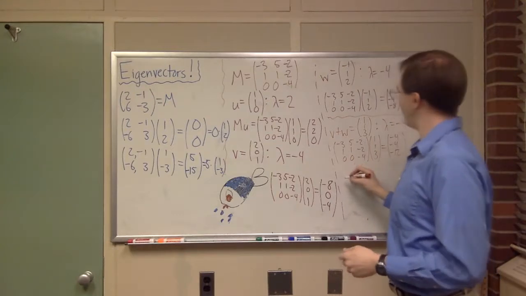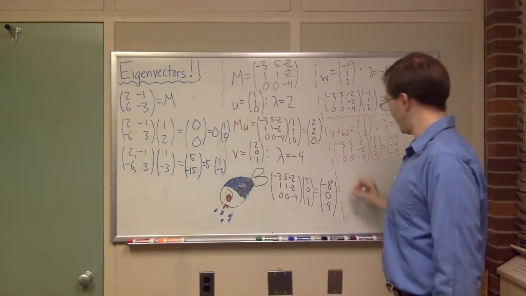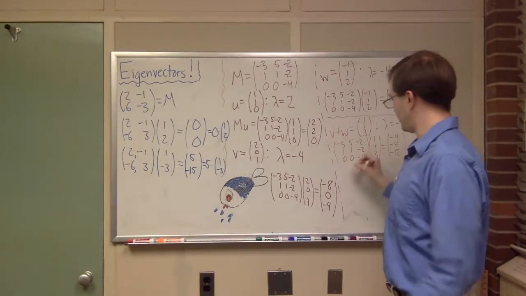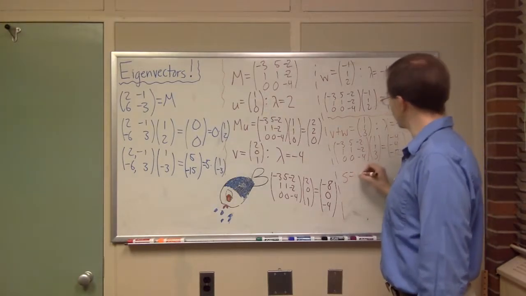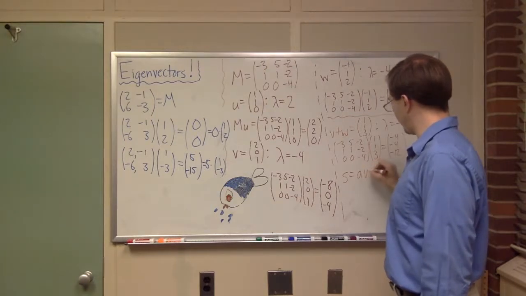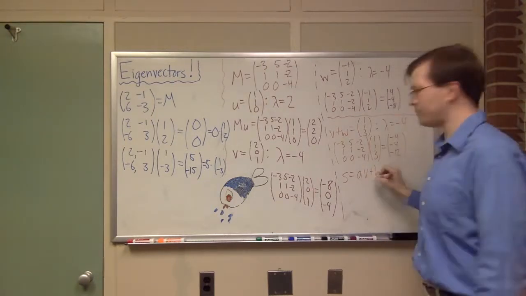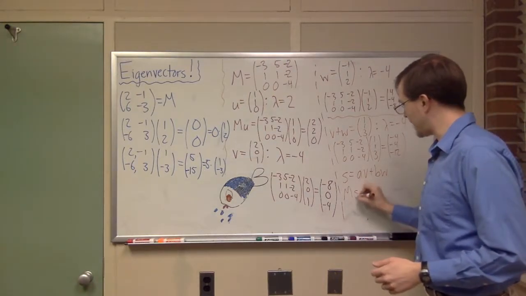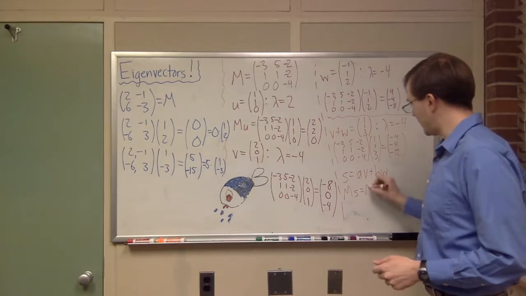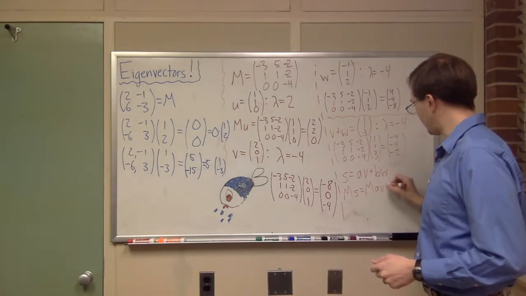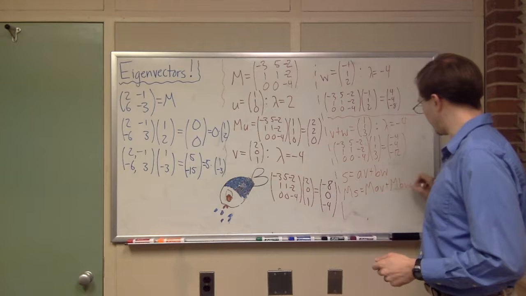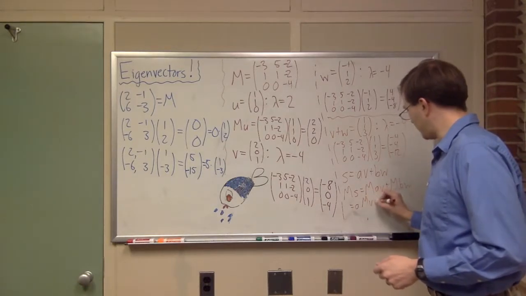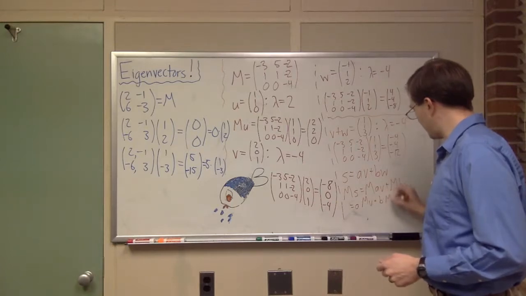Let's say I have a vector s equals a times v plus b times w, where a and b are constants, or just numbers. If I do m times s, I can write that as m times a v plus m times b w, which is the same as a times mv plus b times mw.